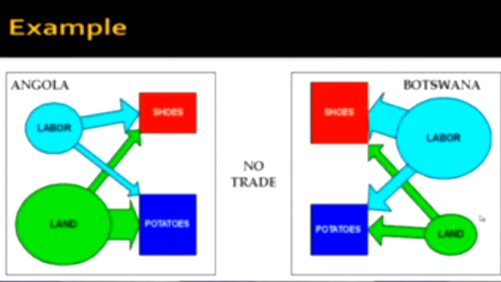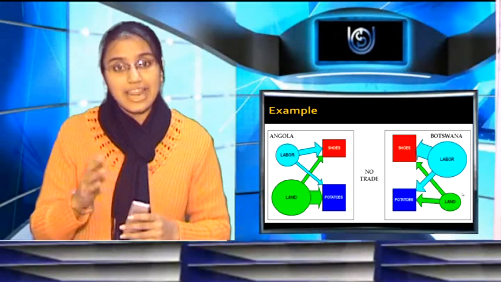Now, we are going to state an example on the HOS theorem. The screen you are seeing shows country A and country B. As we see, there was no transaction. Country A is full-fledged with land and has a sufficient amount of labor, but it is good in land, whereas country B is good in labor.